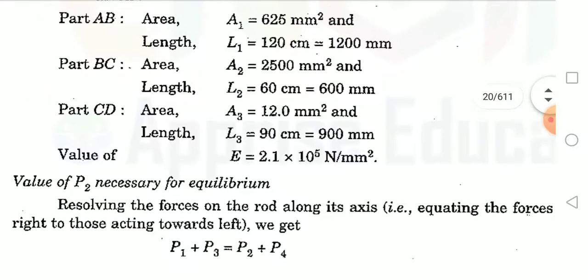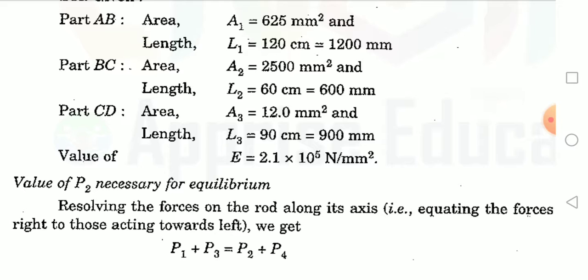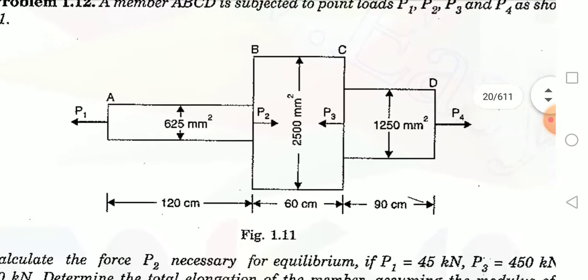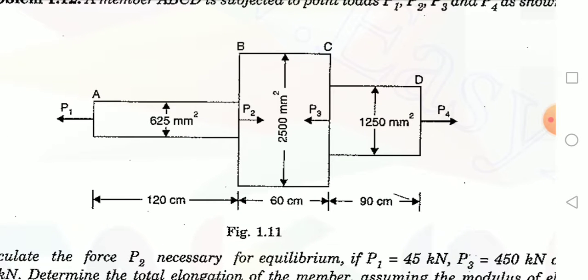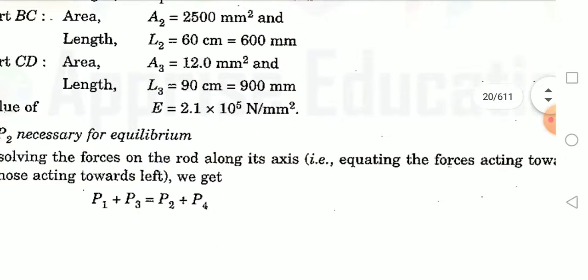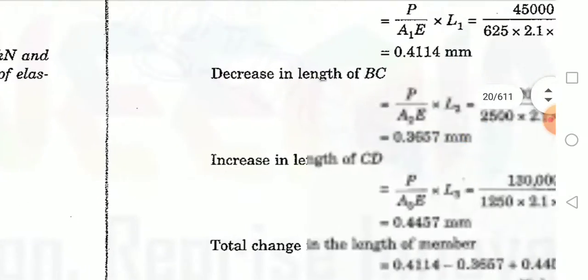So we want to find out the unknown force P2. Look at this diagram. The force which acted in one direction is equal to the force which acted in the opposite direction. The force which acted from right to left is P1 and P3, and the force which acted from left to right is P2 and P4. Therefore, P1 plus P3 equal to P2 plus P4.